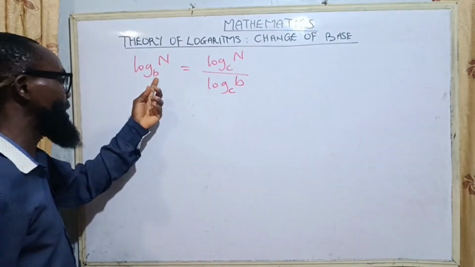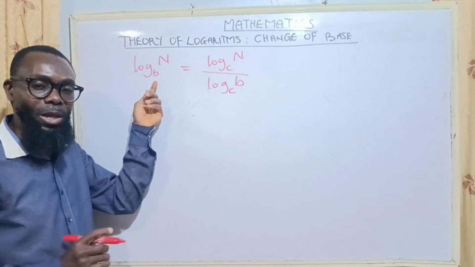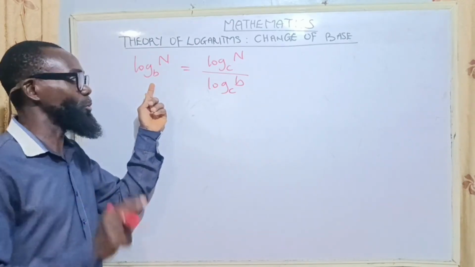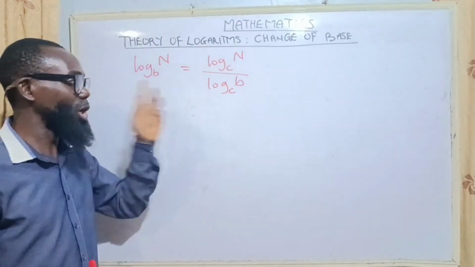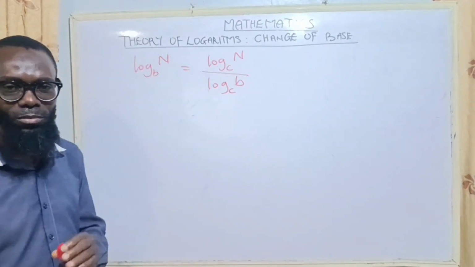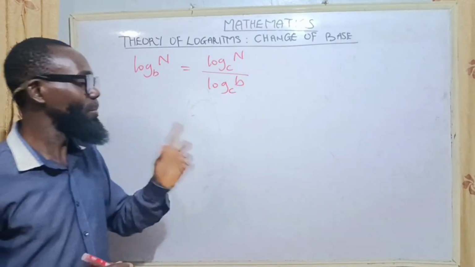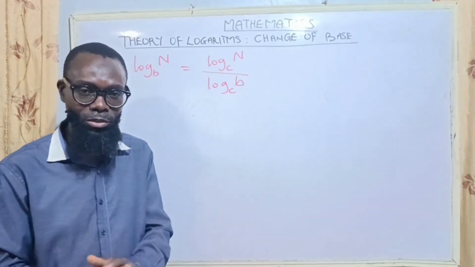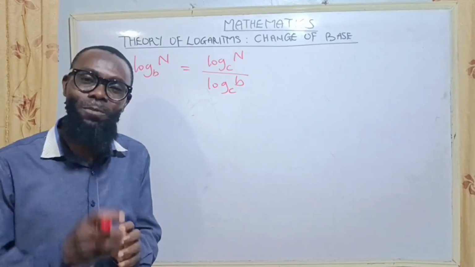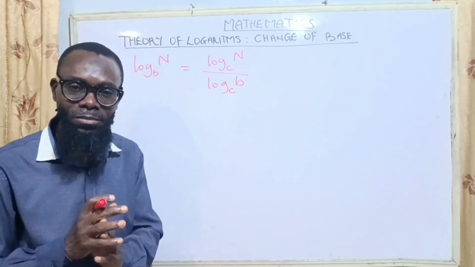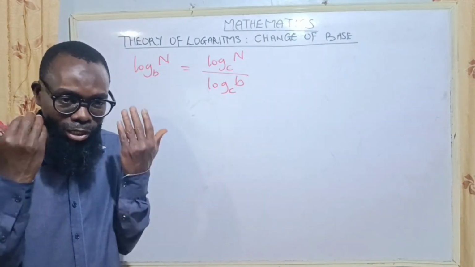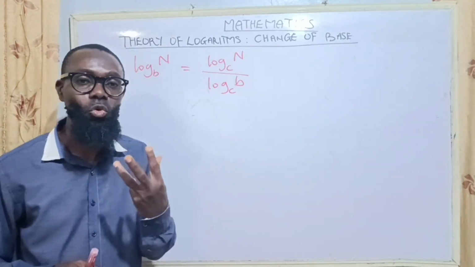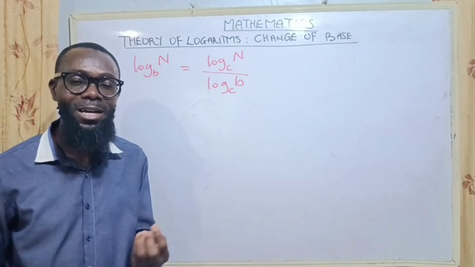Normally this b is the base, but I am removing that base and introducing a neutral base, which will be common to the numerator and the denominator. I use this common base because I feel it is what will suit my calculation. It doesn't have a specific method, but according to my understanding of mathematics, this will help me get to my final answer.